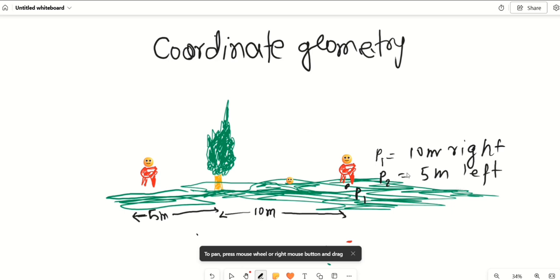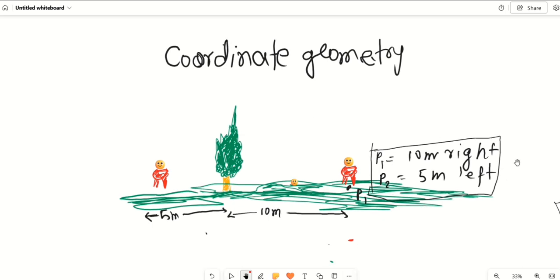So in this method we can denote the location of a point with respect to some landmark. Here the landmark is the tree, right? This plays a very important role in mathematics for representing any point or locating a point with its position. Okay, so let's go ahead and see how this will be useful for us.